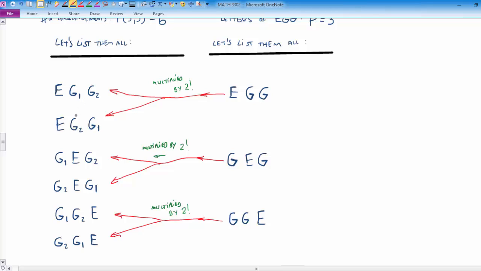Now notice that these two arrangements actually come from the same arrangement when we consider the two G's to be exactly the same. The arrangement EGG yields 2 when we make those two G's distinct. And the same thing here: these two arrangements, G1EG2 and G2EG1, both come from the same arrangement on this side.